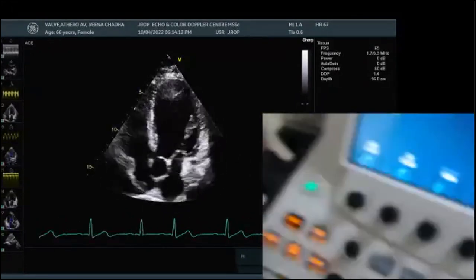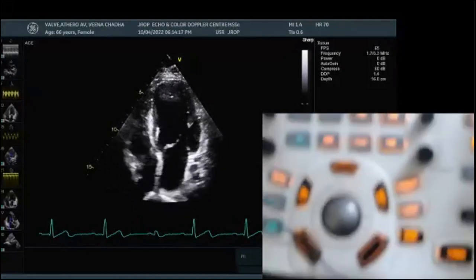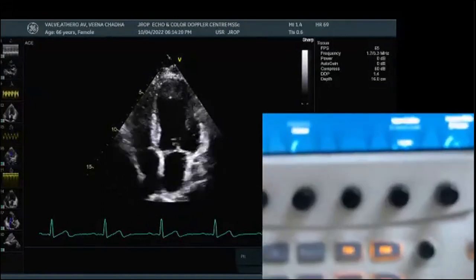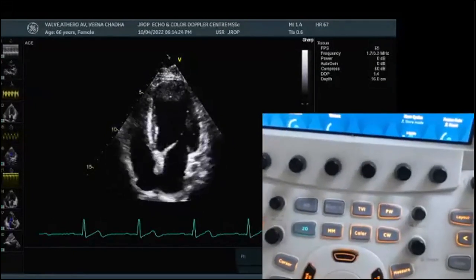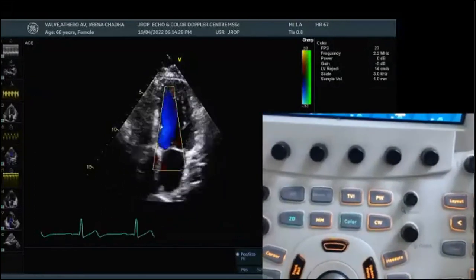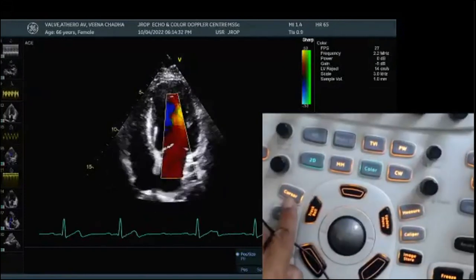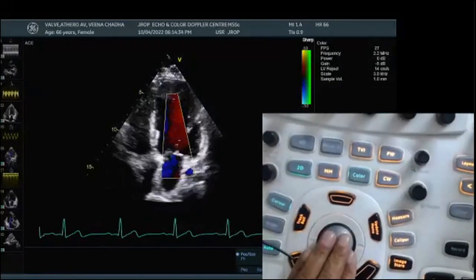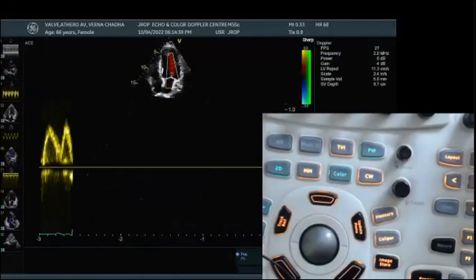So what I'm going to do is show you the screen. Switch on colors first. Adjust the colors. Then go to cursor. Bring the sample volume at the tip of the mitral leaflets. Then pulse wave.